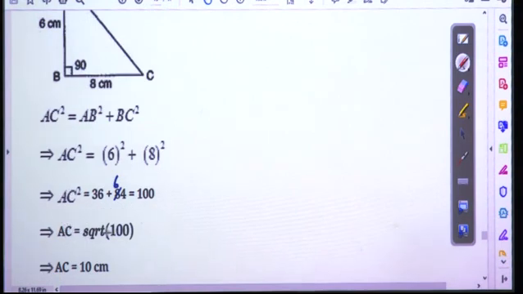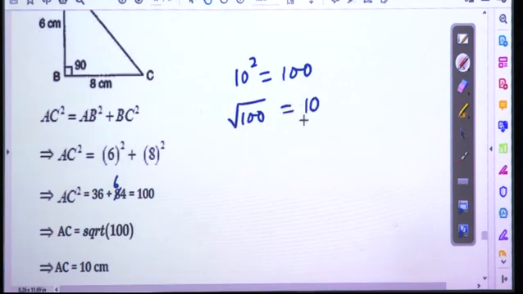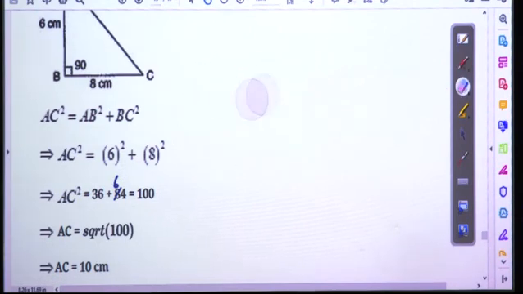So, AC is equal to the square root of 100 and the square root of 100 is 10. Why? Because 10 square is 100. Hence, the square root of 100 is equal to 10. So, AC is equal to 10 centimeter.